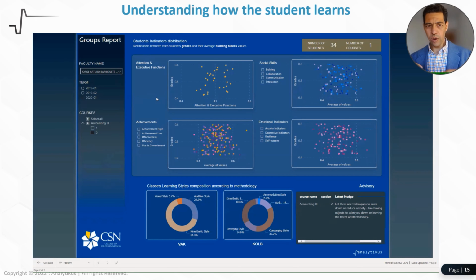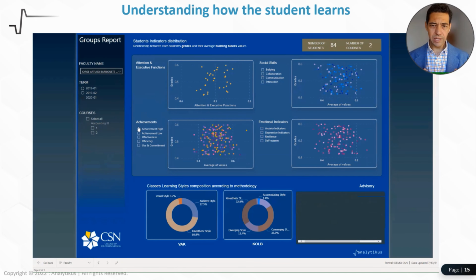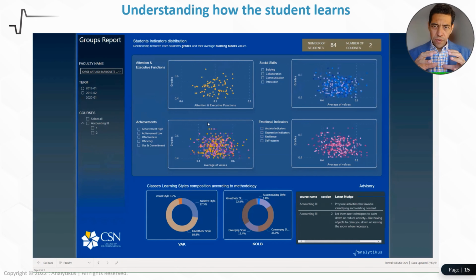Faculty can choose 1 or 2 courses, or every course, in this case 34 students. Where are the groups gravitating? And based on these distributions, we can not only give personalized messages to the student, but also to faculty members. Tips on how to prepare activities, tips on how to deliver the messages.